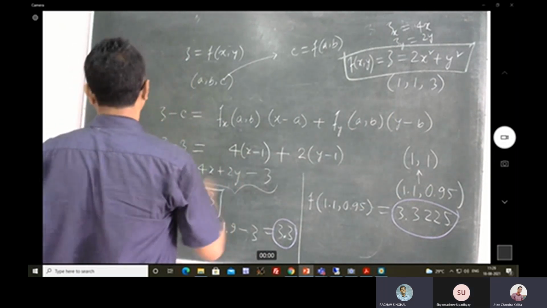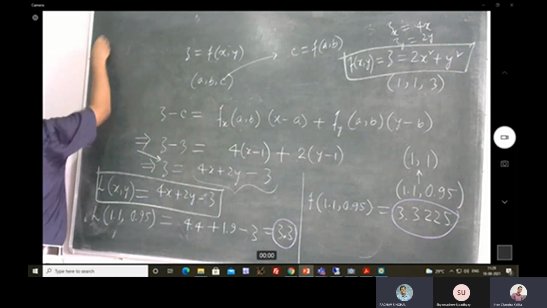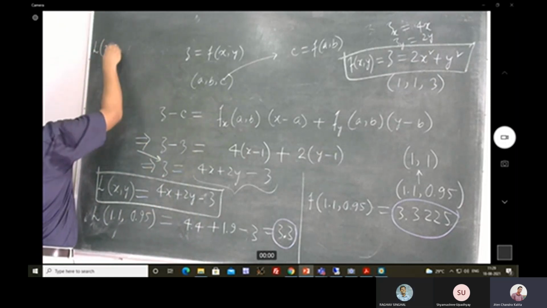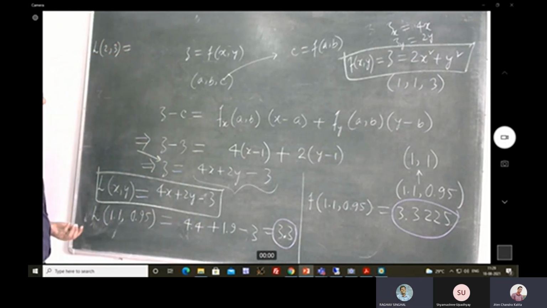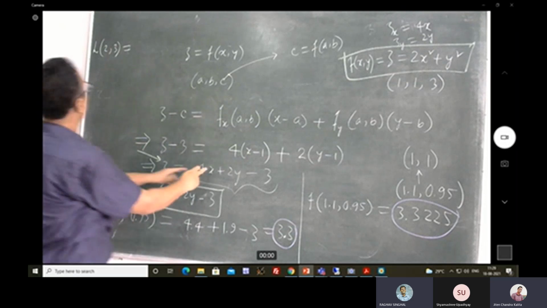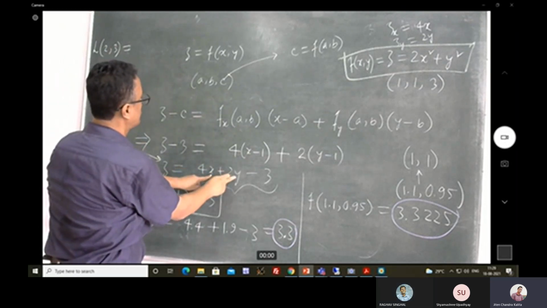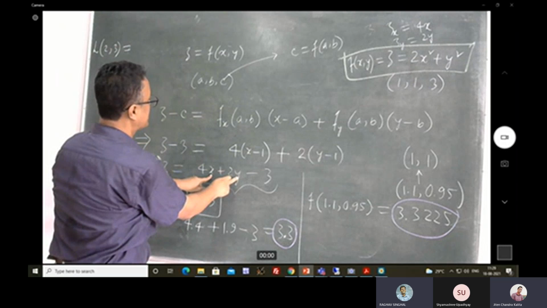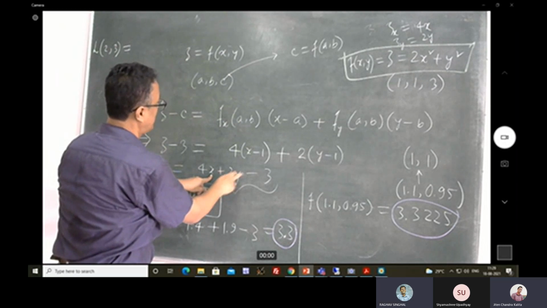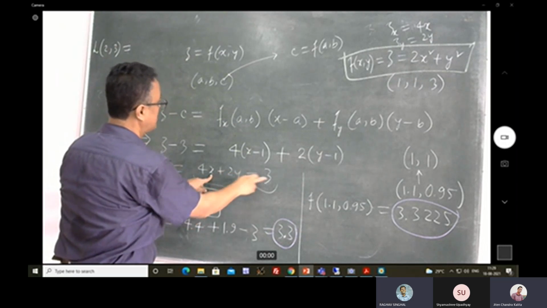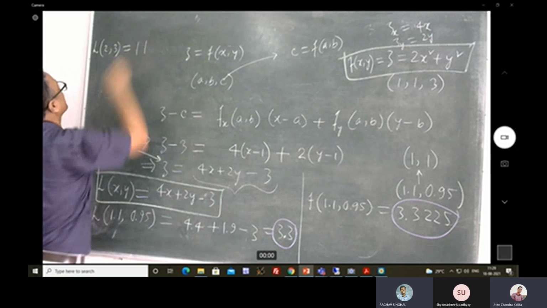Now, suppose I want to find out, say, L(2, 3). L(2, 3) will be what? 4 twos are 8, 2 threes are 6. 8 plus 6, 14. Yeah. 14 minus 3, it is 11, right?